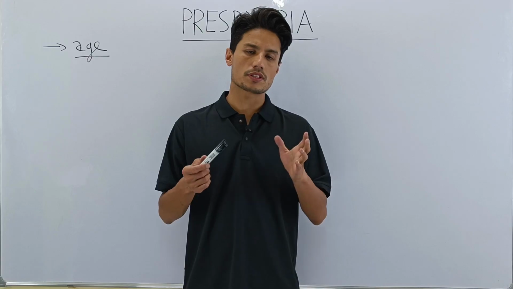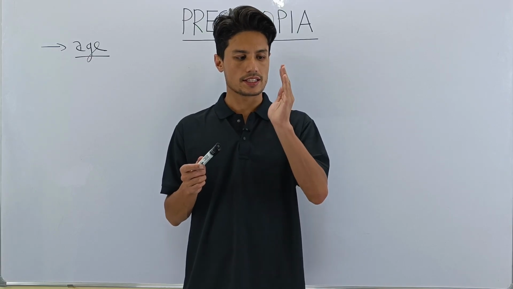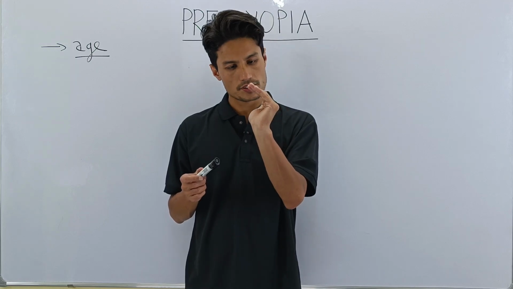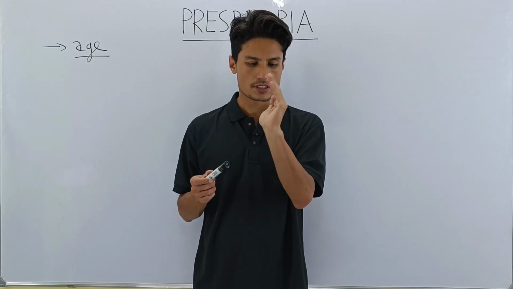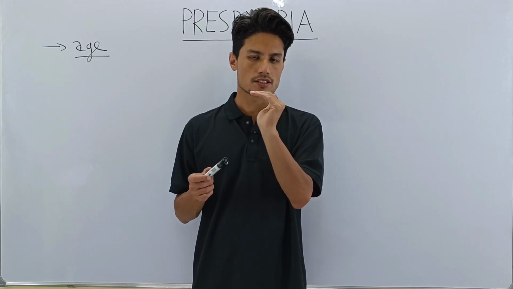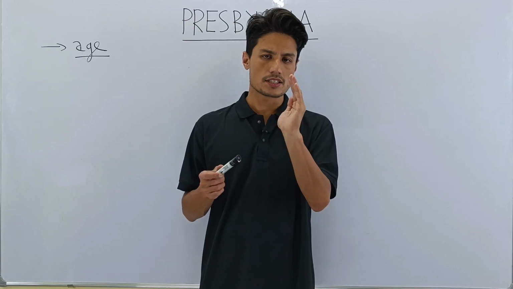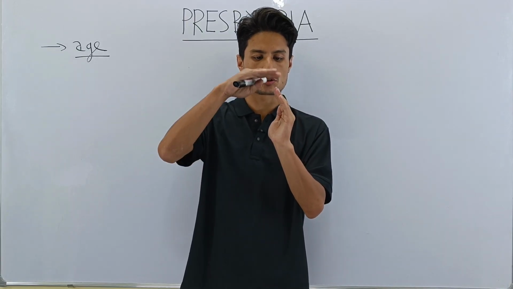It's because of the ciliary muscles that the eye lens is flexible. It can increase its curvature, it can decrease its curvature. This flexibility of increasing and decreasing its curvature is called the flexibility of the eye lens. This is all possible because of the ciliary muscles, because the ciliary muscles are attached to the top and the bottom.